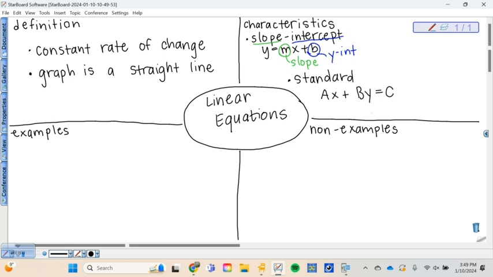AX plus BY equals C. And the third form? Point slope. Anyone remember point slope? That's standard.